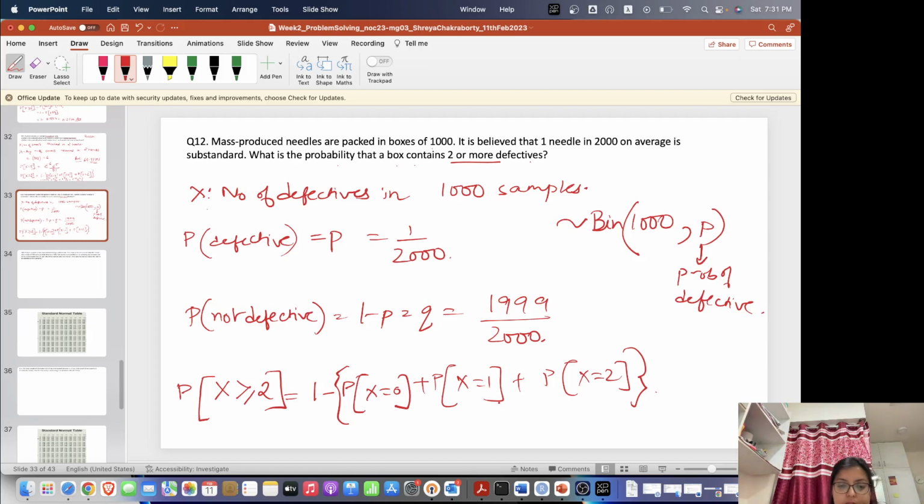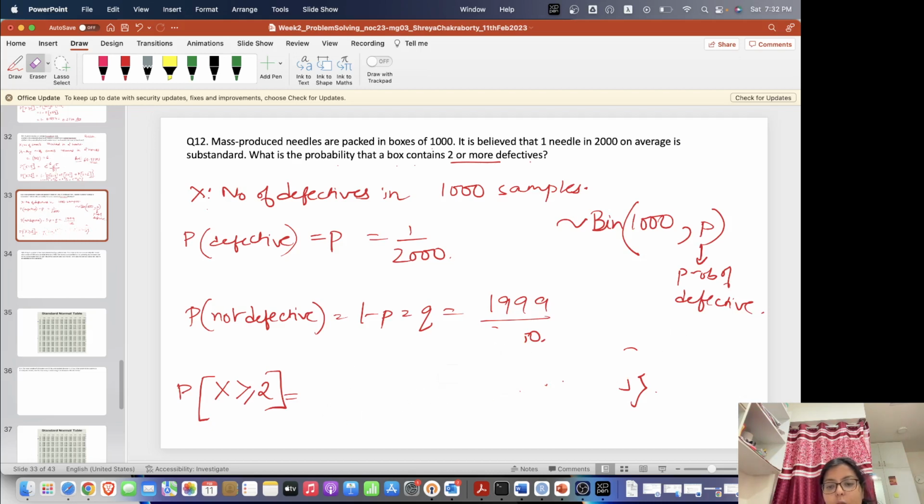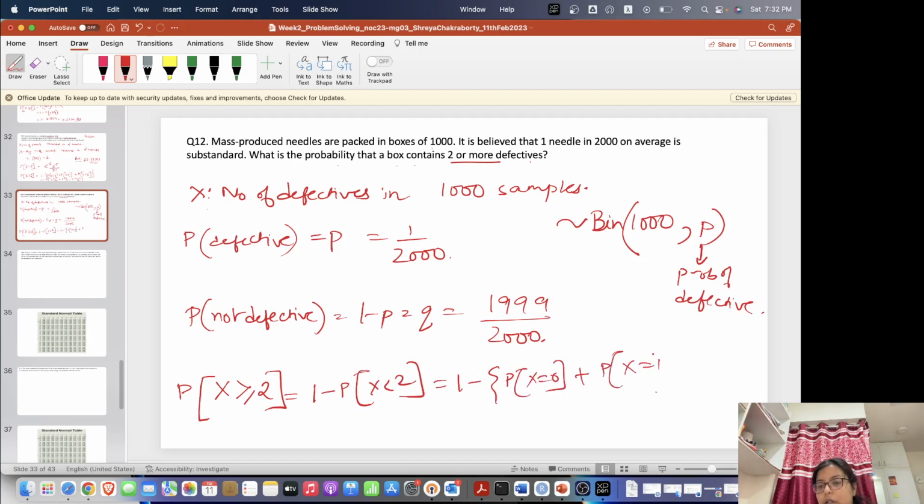Greater than or equal to 2 means 2 is included. So if I have to get the complementary set, then this means 1 minus probability X less than 2, which is 1 minus probability X equal to 0 plus probability X equal to 1.